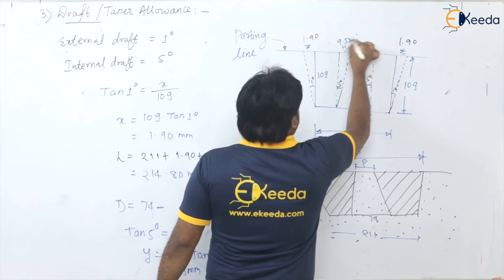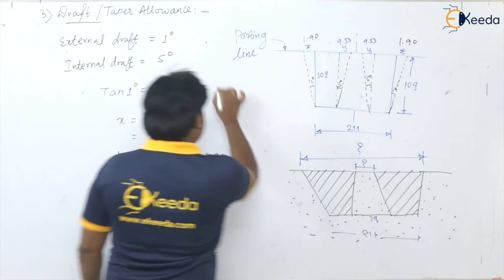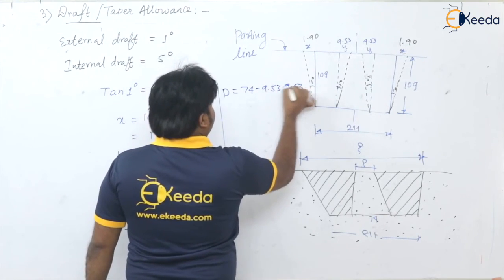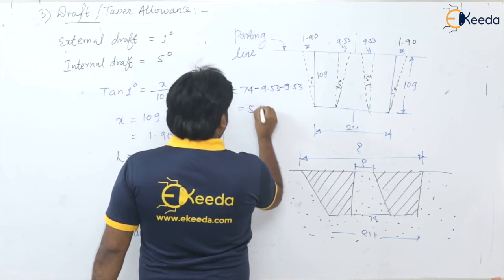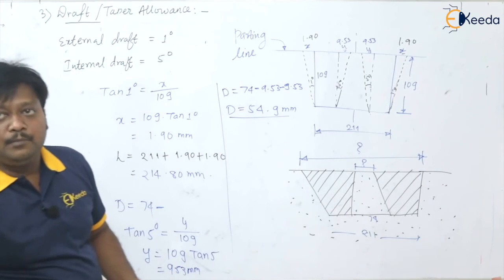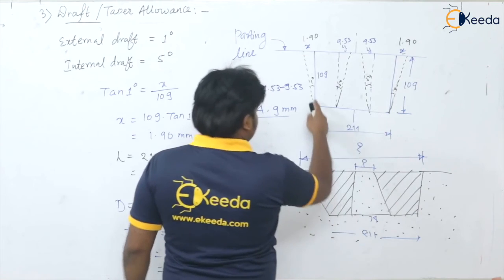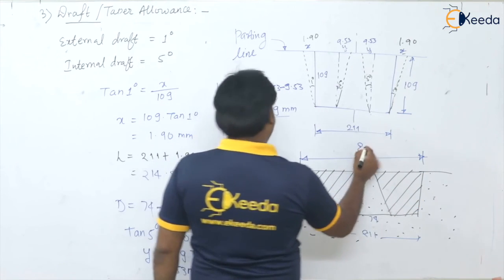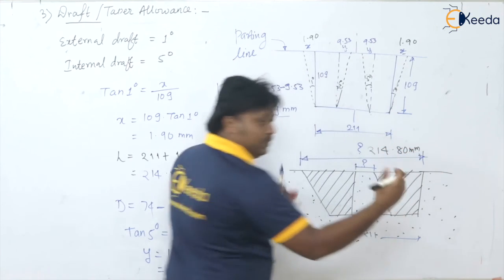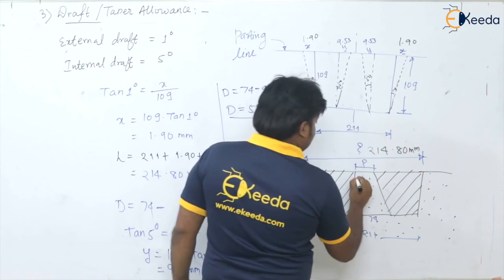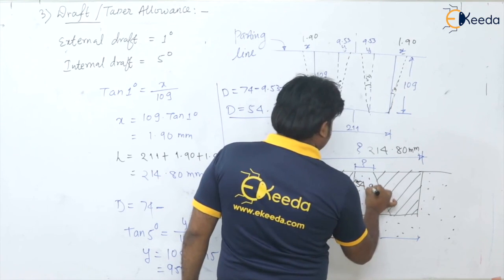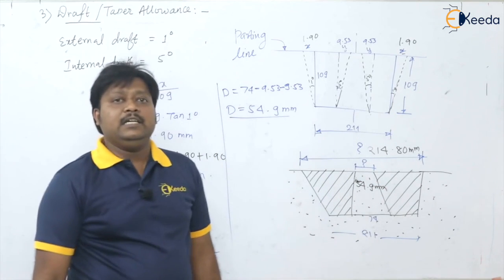So 9.53 from here and 9.53 from here get subtracted from the diameter: 74 minus 9.53 minus 9.53, so you get 54.9 millimeter. See the dimensions you get after provision of this draft. By the external draft the length is increased to 214.80 millimeter, whereas your bore is going to decrease at one end, and the value of the bore is 54.9 millimeter. So this is the taper allowance.